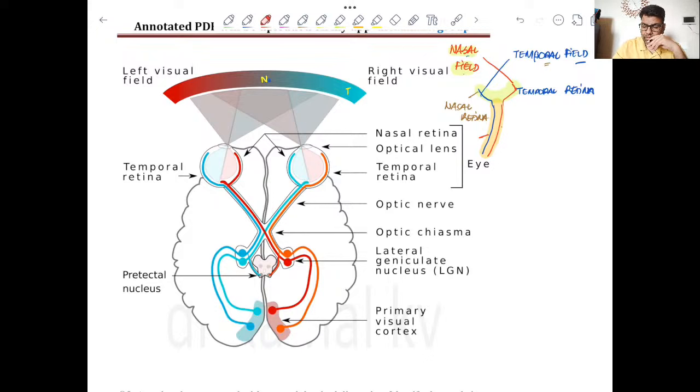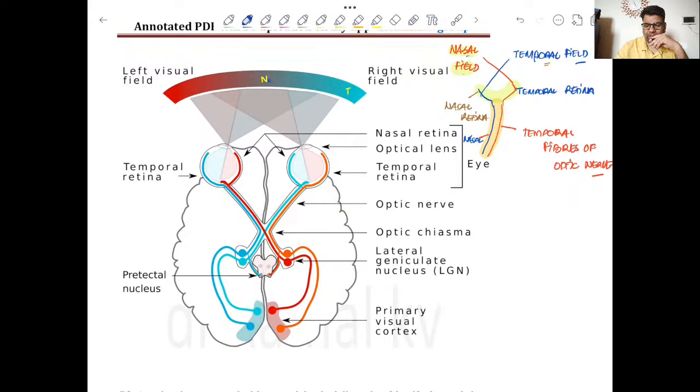So this is the temporal fibers of the optic nerve. Clear? And on the other side, these are the nasal fibers of the optic nerve. Now what happens? Similar fibers are coming from the other eye as well.